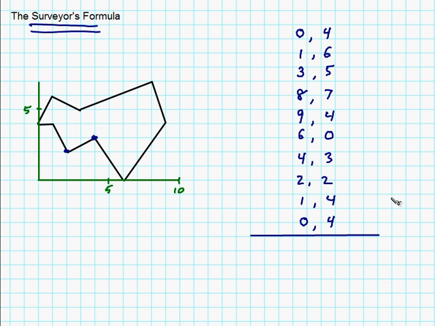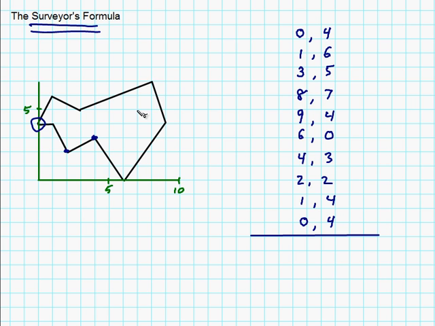But here we go. Start out by listing the coordinates of the vertices. So I'm going to start here. And notice the point here is at 0, 1, 2, 3, 4. So there we are, 0, 4. So x is horizontal, y is vertical, 0, 4. Then I go to 1, 6, 3, 5. Over here is 10, 9, 8.